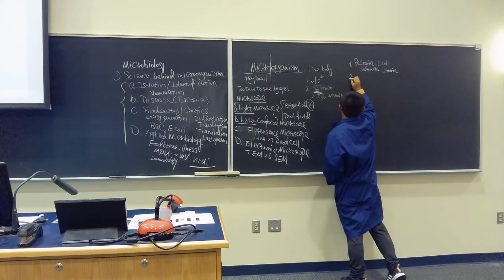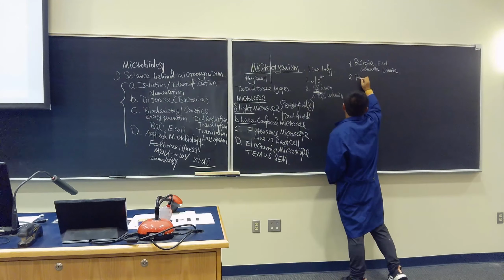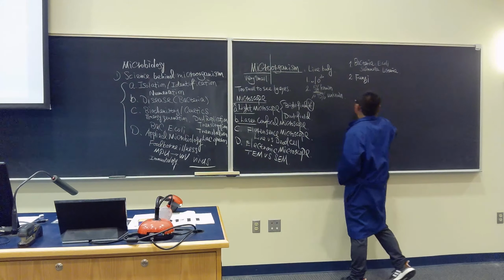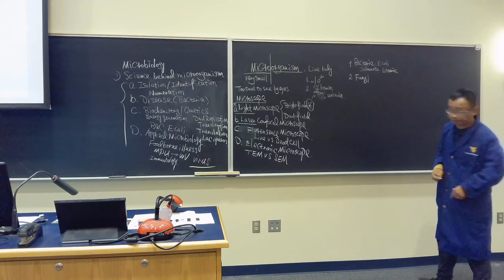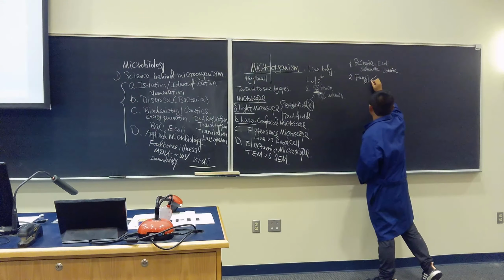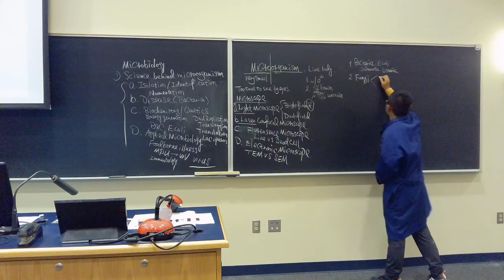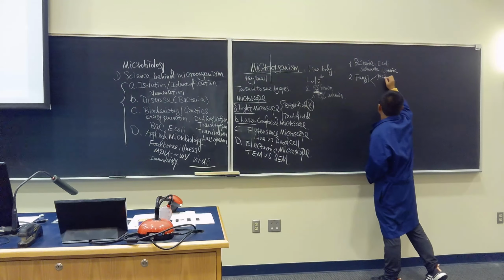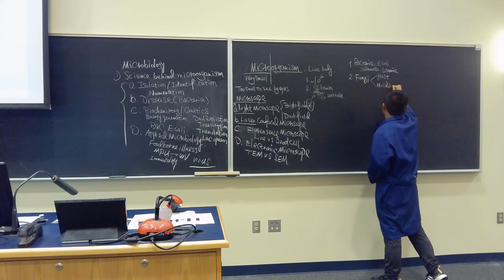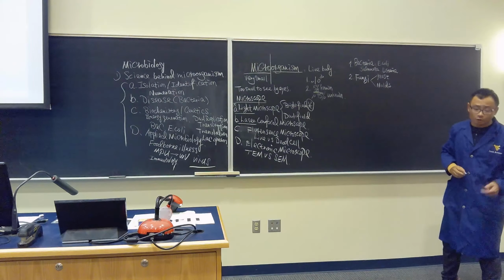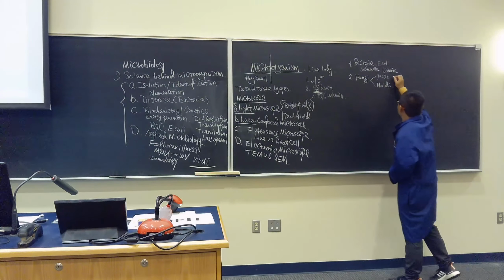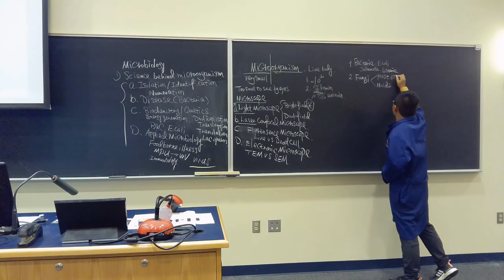Okay, second thing, fungi. You heard about fungi. We have two major categories, yeast and molds. And we will mention that later in one section of the lab. Yeast grow at 37 degrees Celsius, molds at 25 degrees Celsius most of the time.